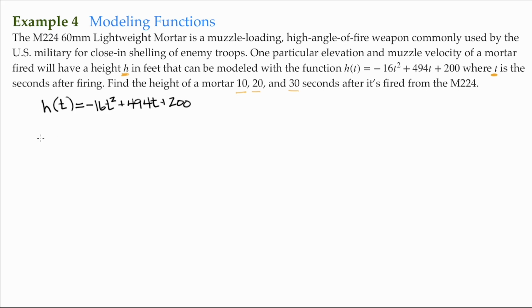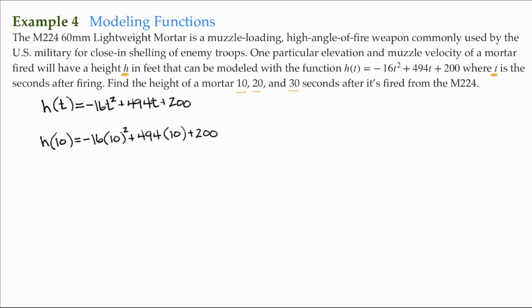So we have a height after 10 seconds. That's going to be equal to negative 16. T is 10, so we do 10 squared. I like to place it in parentheses like this. Plus 494 t, and that's 10, plus 200.